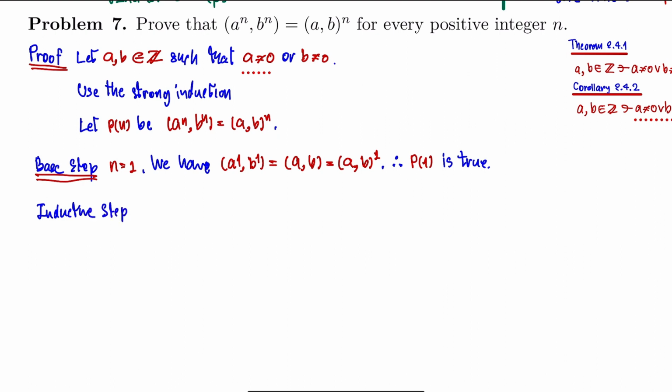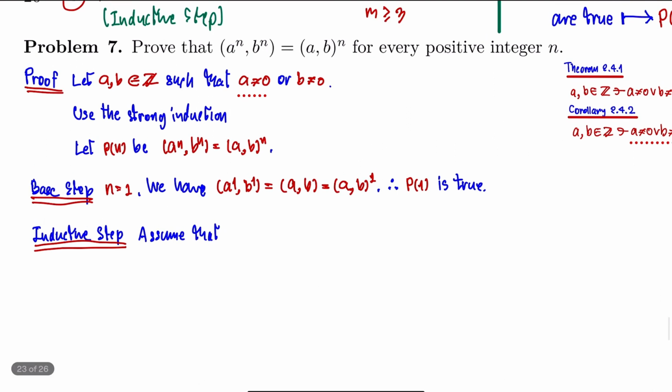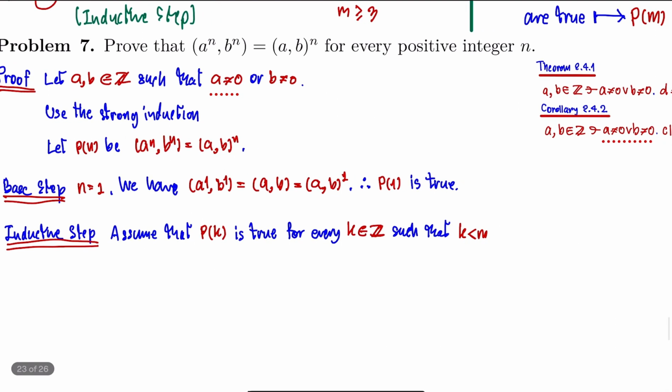Take a look at the inductive step. What can we do with this inductive step? We assume that P(k) is true for every integer k such that k is less than m.